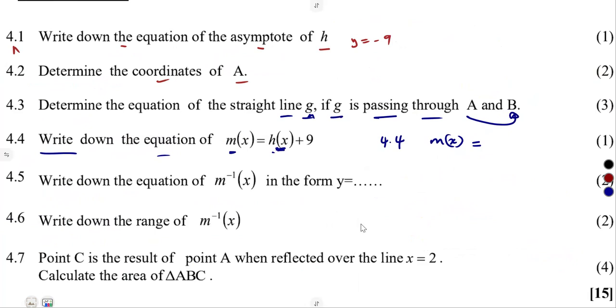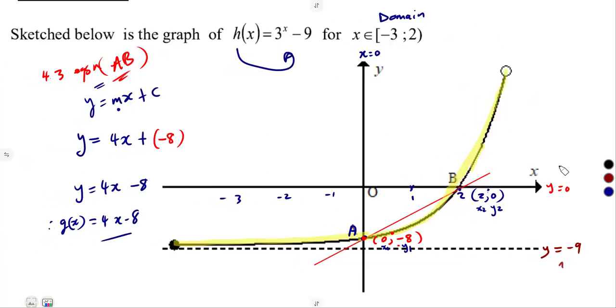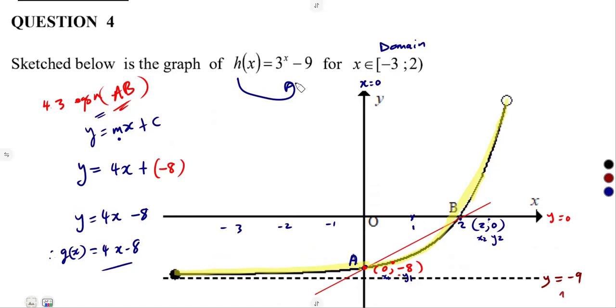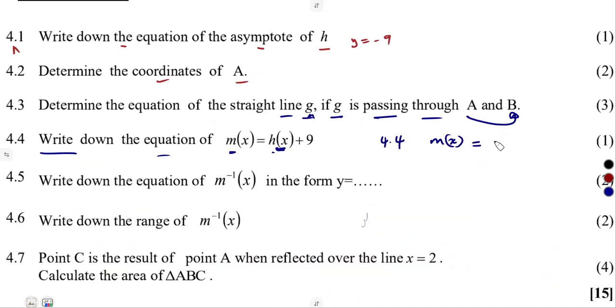So you just take your h(x) as it is, 3 to the exponent of x minus 9, that's our h(x), plus 9. You must add the 9 that is part of the transformation you're given. Minus 9 plus 9 is 0, so that cancels. Therefore, our m(x) is 3 to the exponent of x.